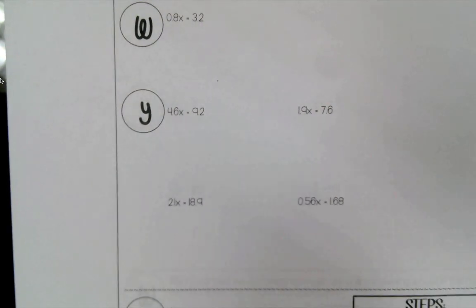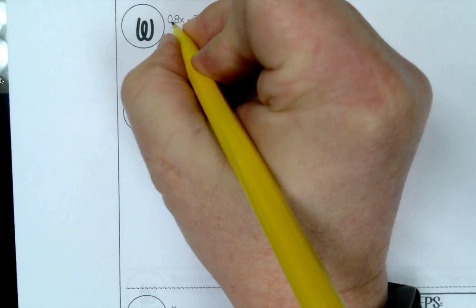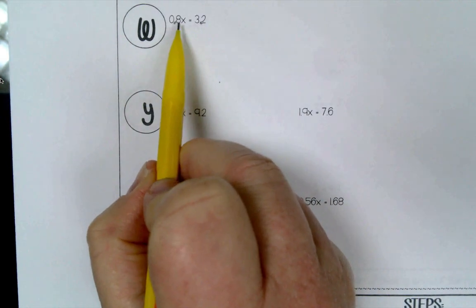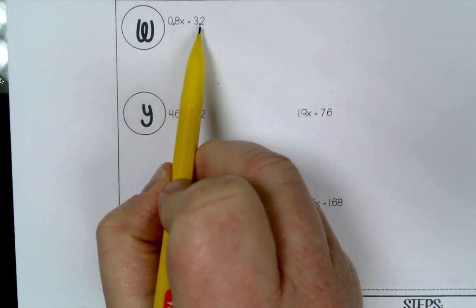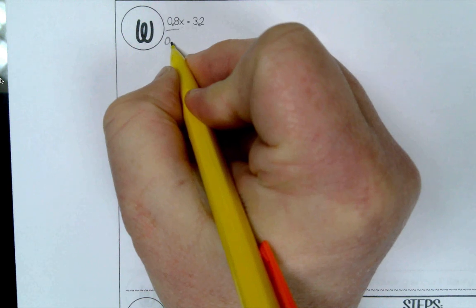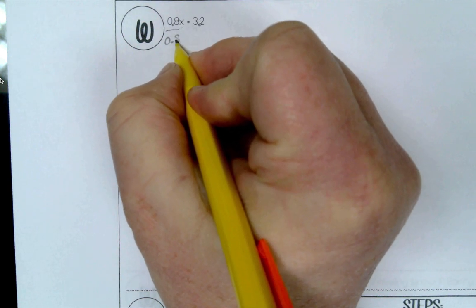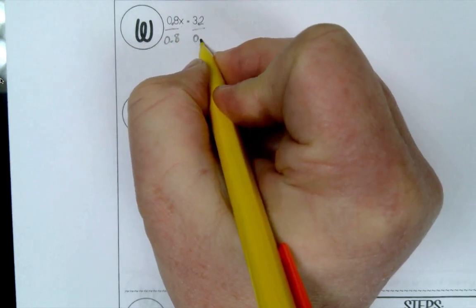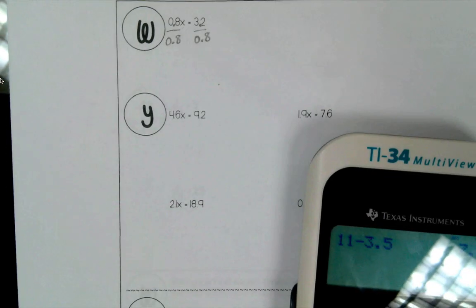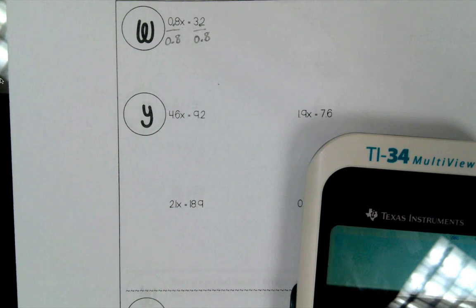And going on to our second page. Our second page just has examples using decimals. So my we do is 0.08 times x equals 3.2. Dividing by 0.08 on both sides, because division is my inverse. Then I'm going to divide, because you can use your calculator on your equations.